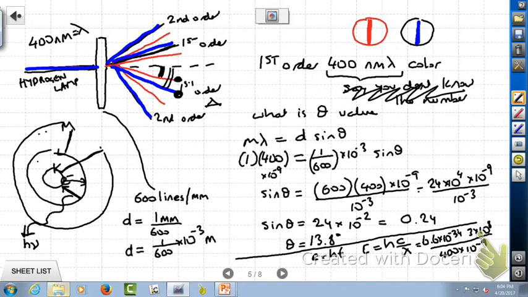If you work that out, can somebody work that out for me? It'll be 4.9 times something. 4.95 times 10 to the negative 19 joules, which is a typical interatomic energy spacing.